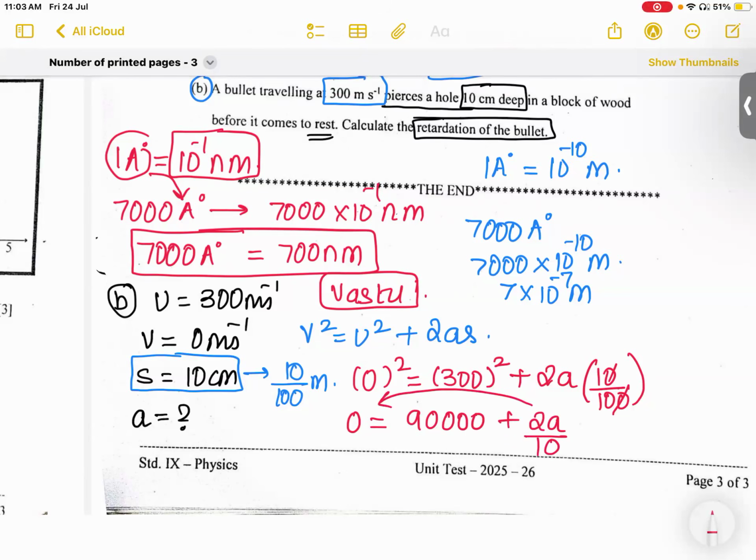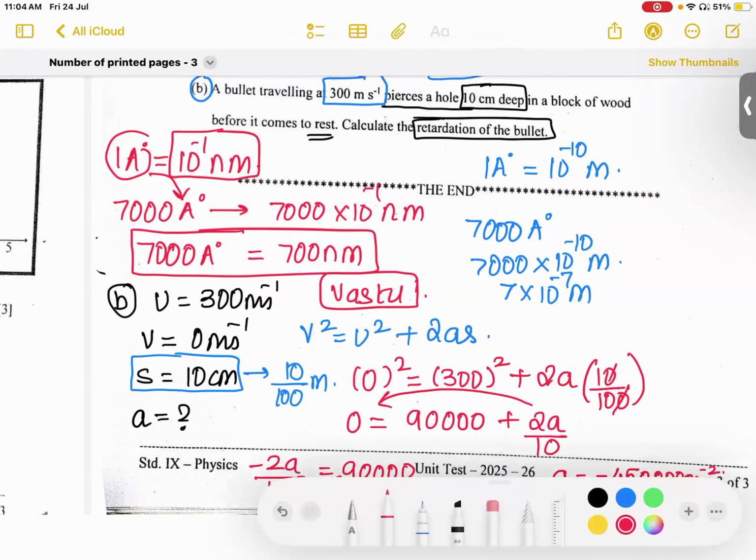Entire thing comes here. So you get minus 2a upon 10 is equal to 90000. The 10 goes there, so this becomes minus 2a is equal to 900000. You will divide it by 2, guys. So you get a as minus 450000 meter per second square.